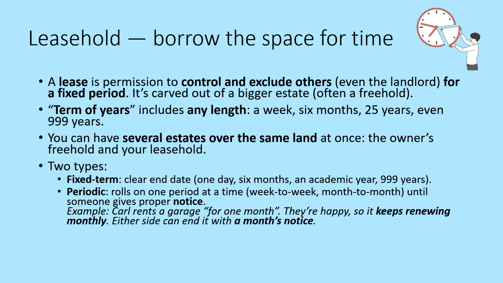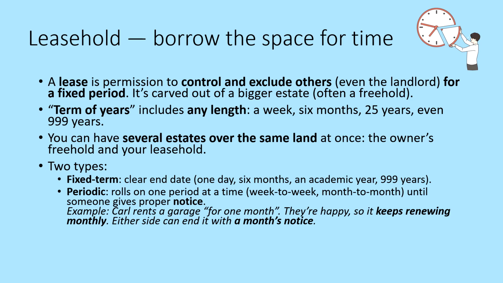So for example, if Carl is renting a garage for 1 month, it can be some kind of informal thing without any deed. They are just renewing it every month and seeing how long they like to keep up this arrangement.